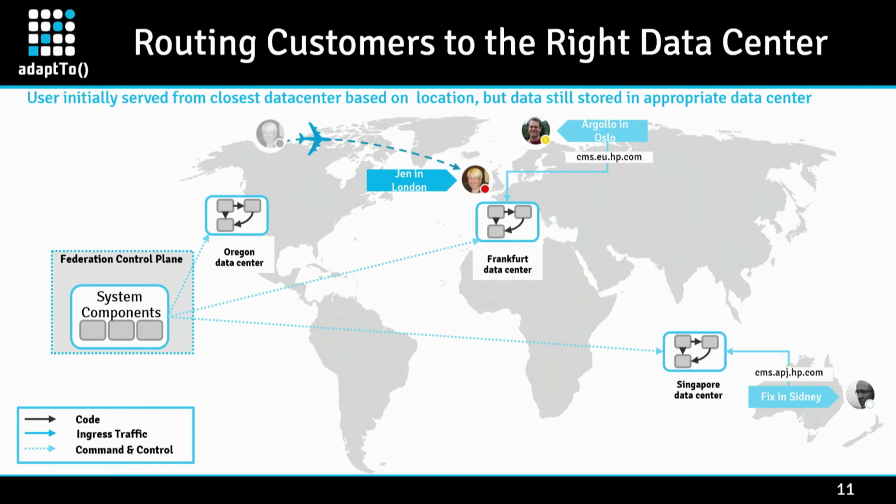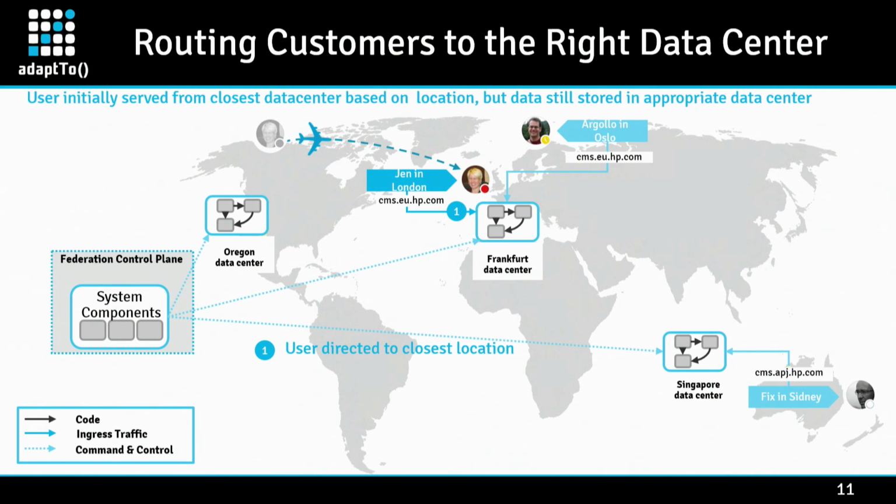But what happens, right, when a user travels to another region? The GeoDNS itself will still keep redirecting to the closest data center. So, for instance, in this example, Jen traveled to London, but she had her data stored in the US data center, right?